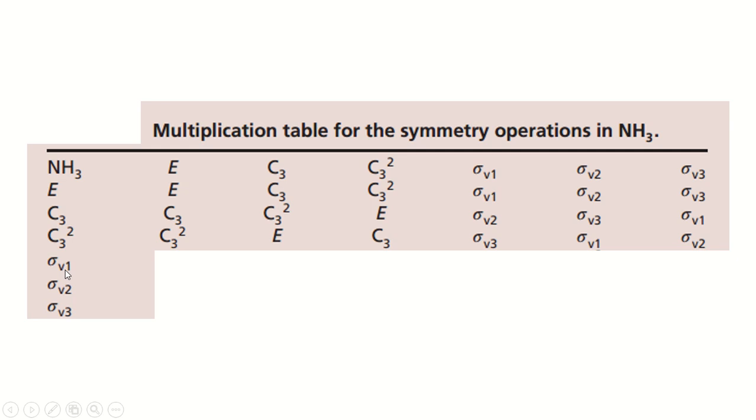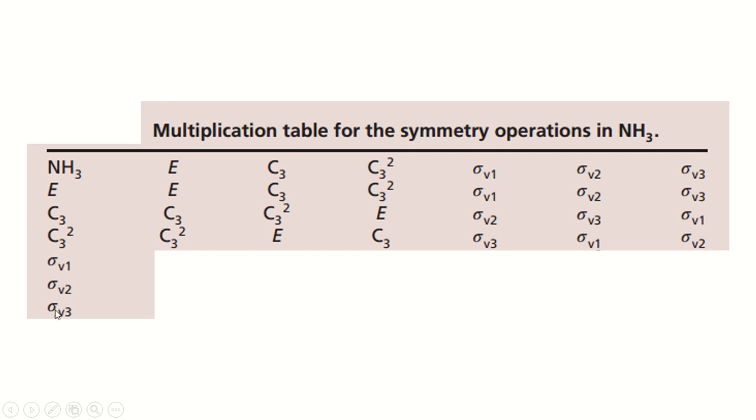If we apply sigma V1 to a molecule, it should be the same operation, because any operation that is commuted with the identity yields the same operation. So here we can write sigma V1. Next, after applying sigma V1, we have to commute sigma V1 with the C3.